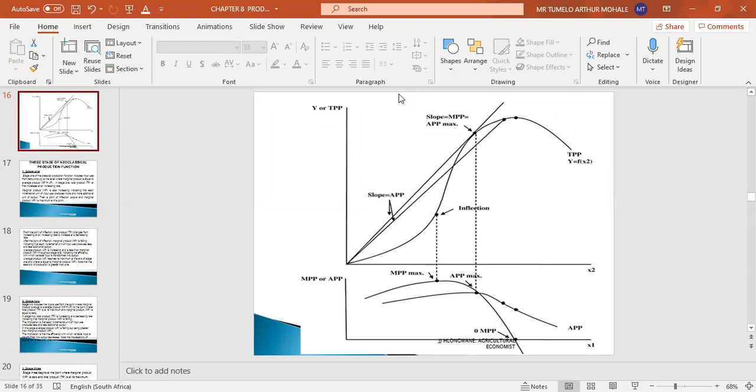And they've also said that MPP is negative throughout stage 3. Remember when you calculate elasticity of production, it's MPP over APP. So negative MPP over positive APP, you will get a negative EP. So it means that in stage 3, EP is negative, or you can say EP is less than 0, because less than 0 means negative.